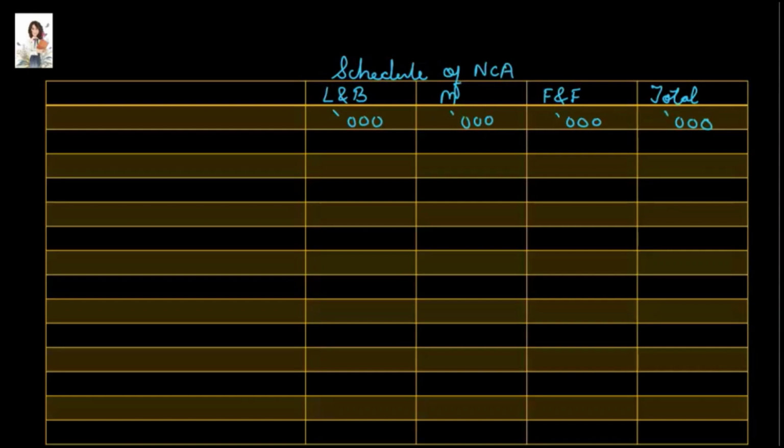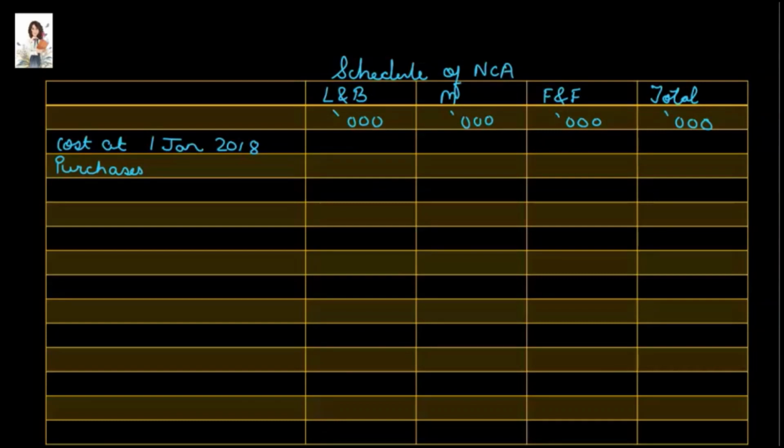So I always prefer to prepare the format of the schedule of non-current assets first and then fill in the figures. So we will start with the cost of non-current assets at the beginning of the year, that is 1st Jan 2018. Then we show the cost of the purchases which were made during the year, purchases of non-current assets.